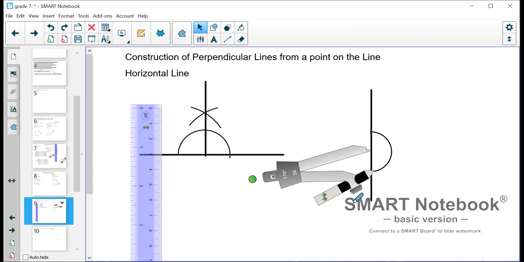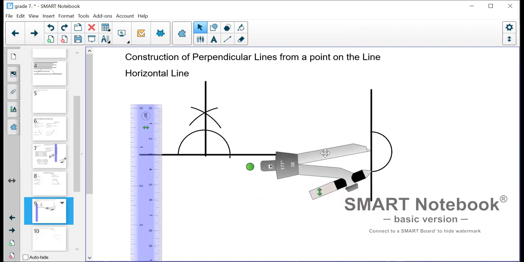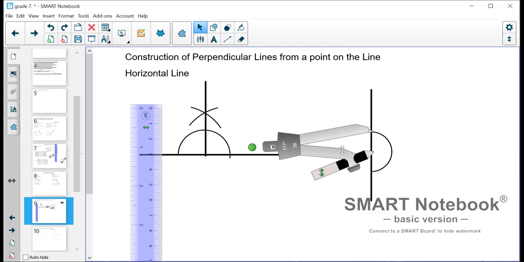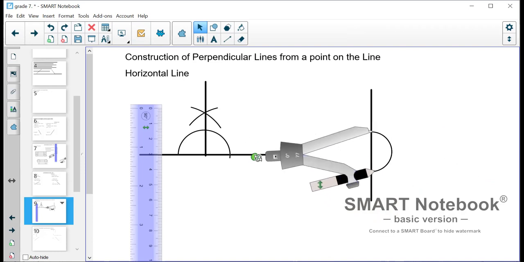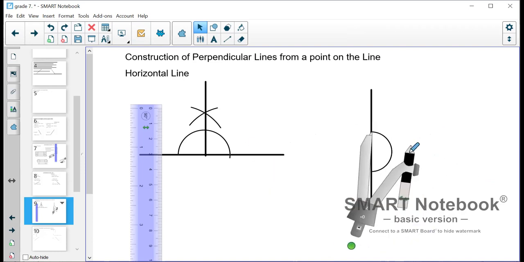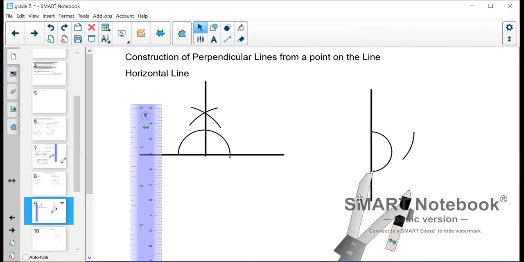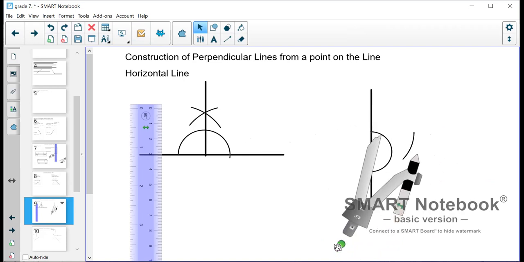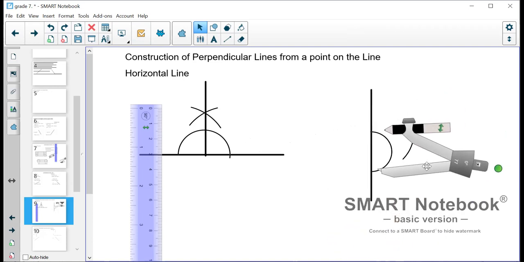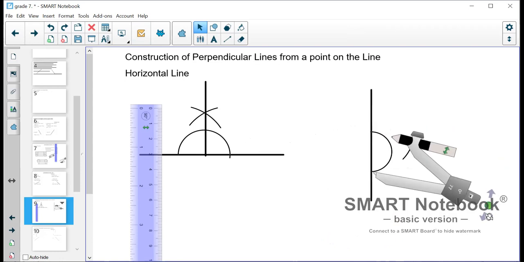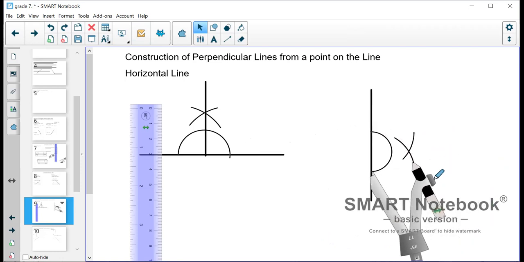Any side, left-hand side, right-hand side, any side. Good. Then you go from one end, open the pencil point to the other, and you scribe an arc away to the right-hand side. Then you come from the next point, which is here, and you scribe another arc to intersect that one.